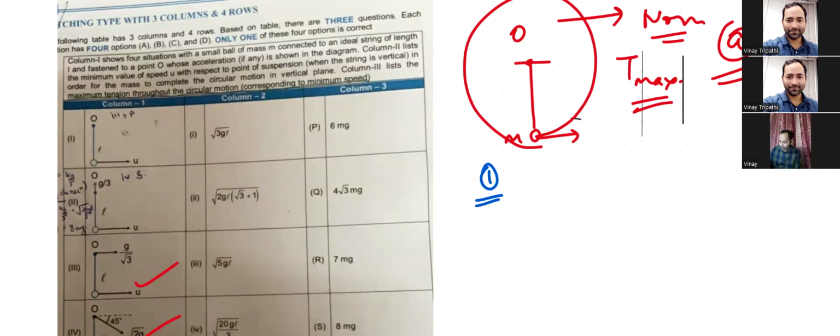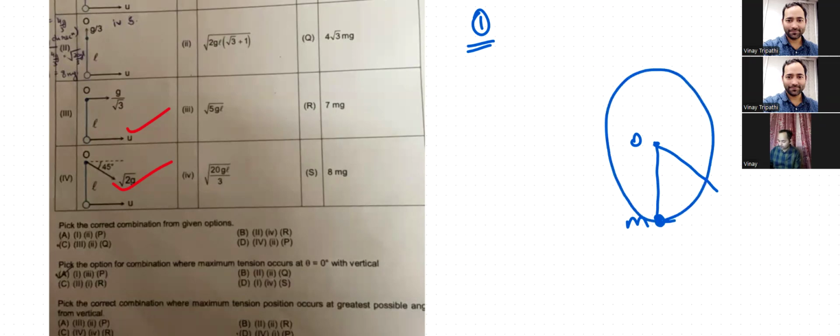Here you have a suspension and a mass m, and you are trying to make one complete circle. So here you just have to make a free body diagram. What will happen here? Tension T, and what you have to find is the minimum speed required at this lowest point, U minimum, so that it completes one circle.